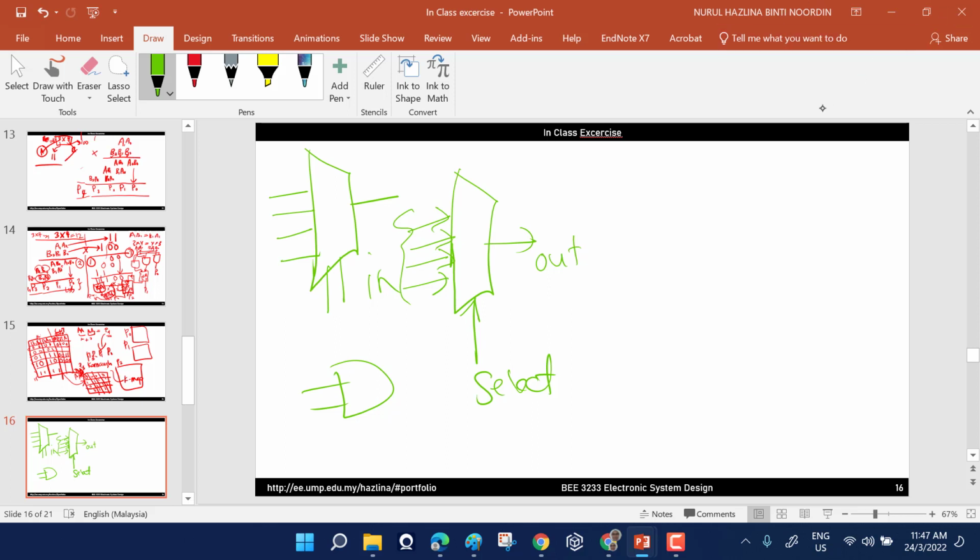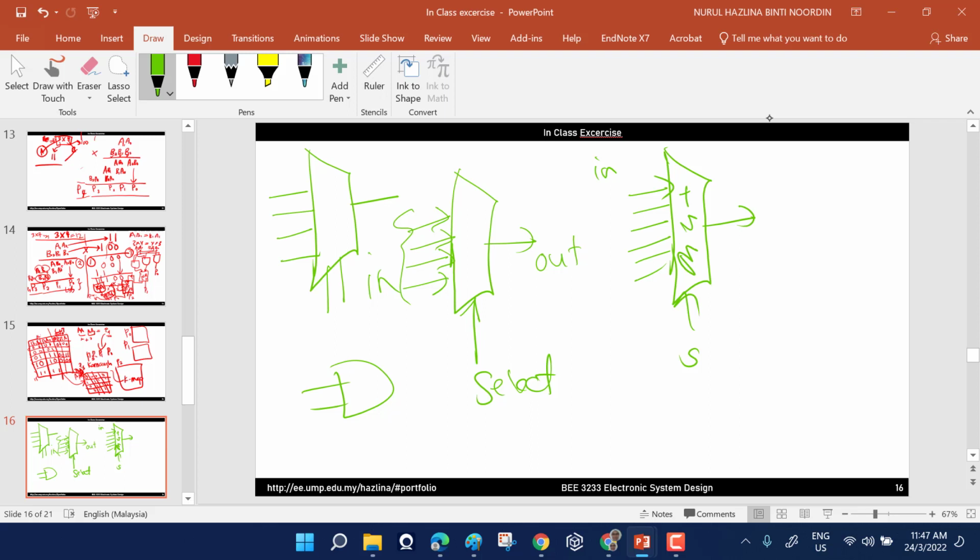In a multiplexer, you have an element for input, an element for output, and an element for select. Select and input are inputs, meaning there are elements that you feed into your multiplexer.